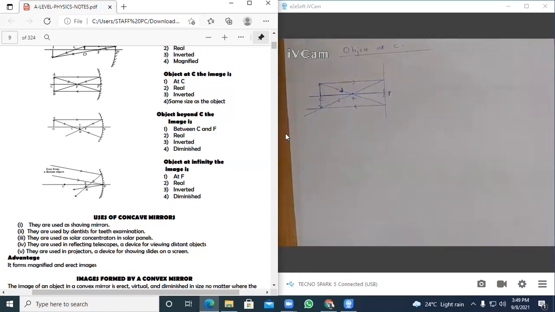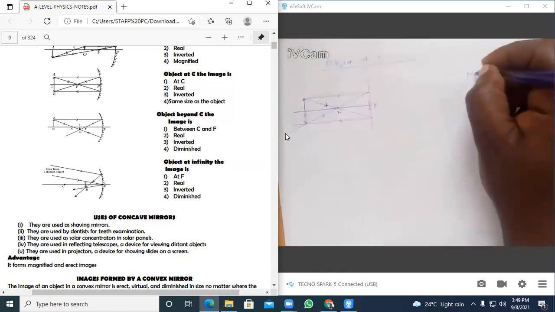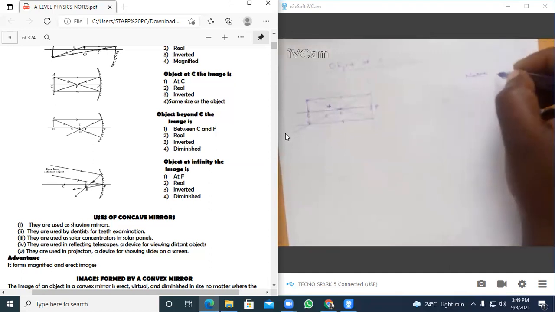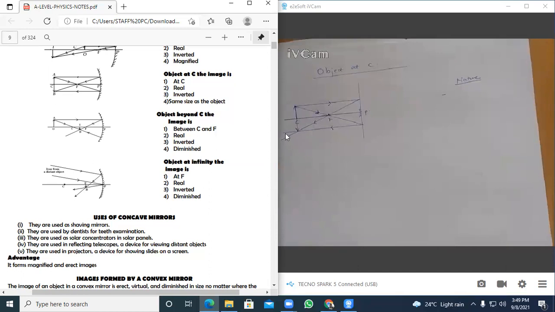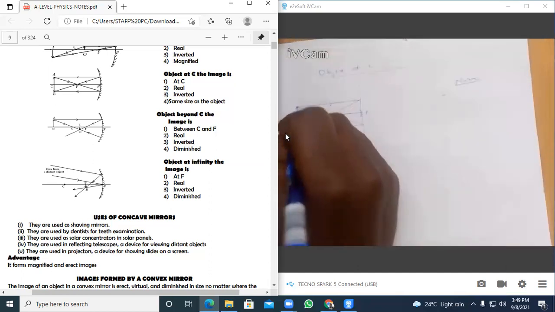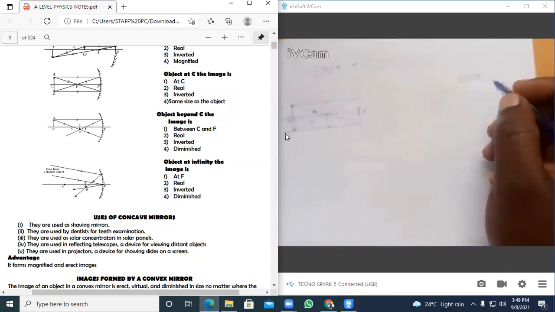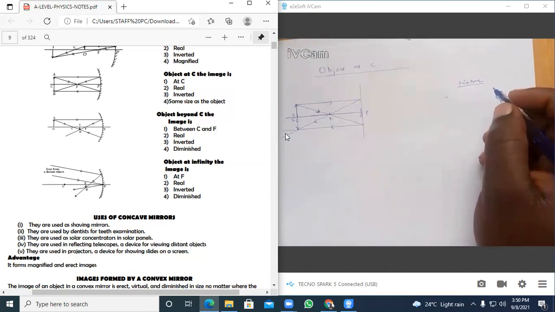Now after knowing the rays, we come back to the nature of the image. Let us see what finally happens. What's the nature of the image?